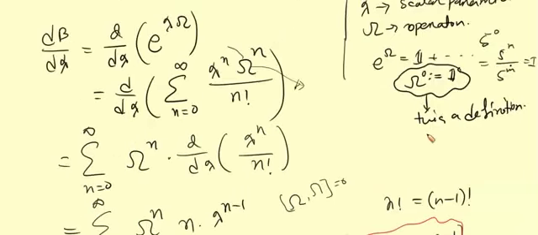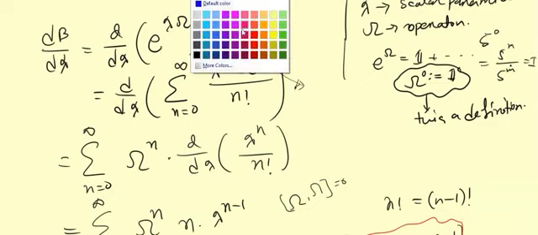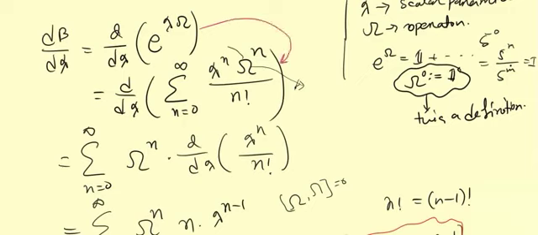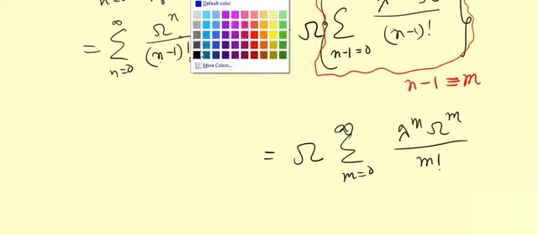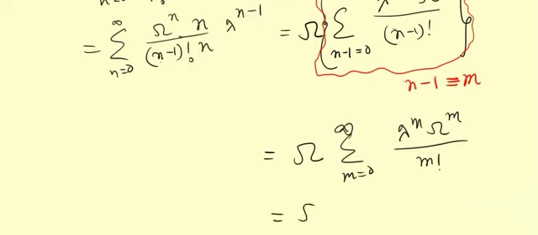That is, if you just look at these two lines, that we came from this line to this line, using the definition of an exponential of an operator, the exponential expansion, and we are getting the same thing over here. So finally we can write omega, and the thing in the parenthesis is nothing but e to the power lambda omega.